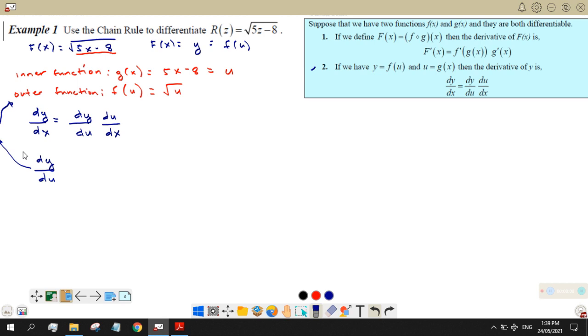So, ano ang derivative ni y with respect to u? That is equal to, kung meron ka ditong f of u, so f prime of u will be equal to, pwede mo tong isulat as u raised to 1/2, right?